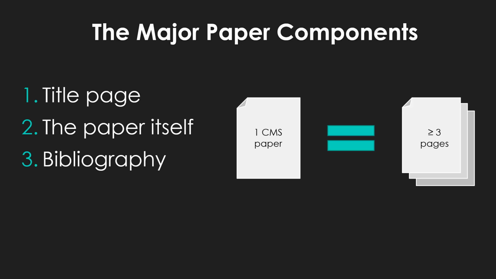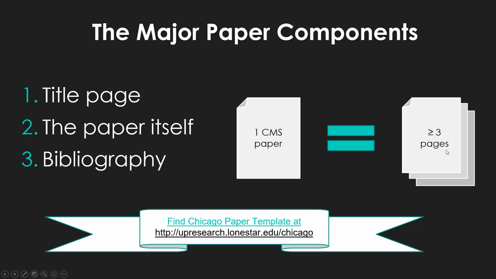The major paper components of a Chicago paper include the title page, the paper itself, and the bibliography.